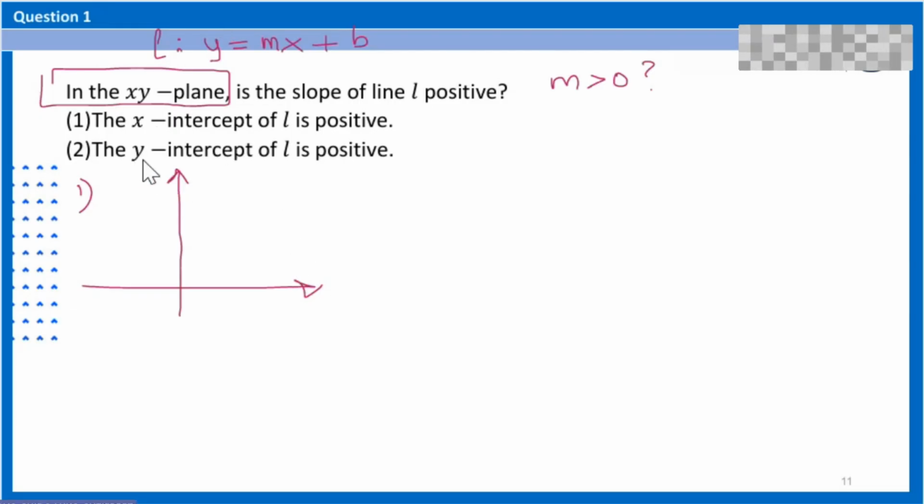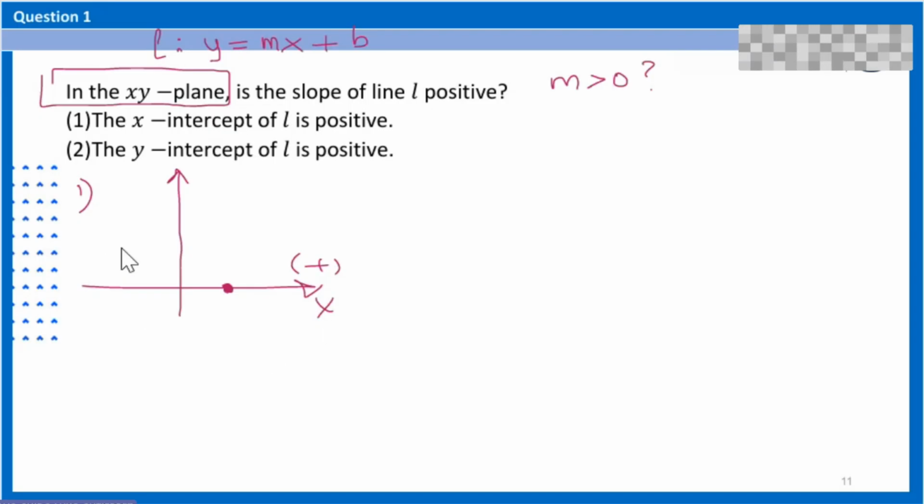The x-intercept is the position where the line crosses the x-axis. If the x-intercept is positive, they are essentially telling you something like this. The line crosses the x-axis over a point in this position, the right hand side of the horizontal axis.